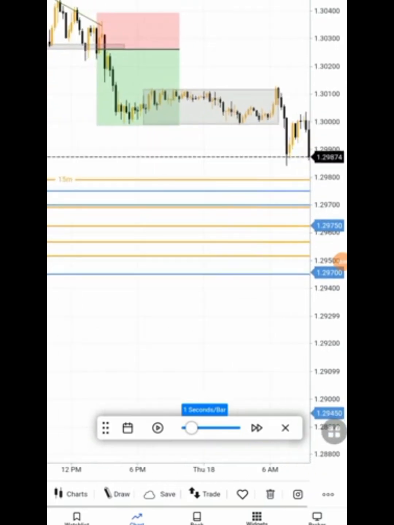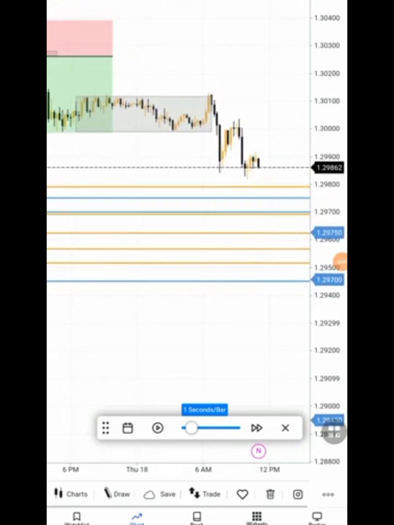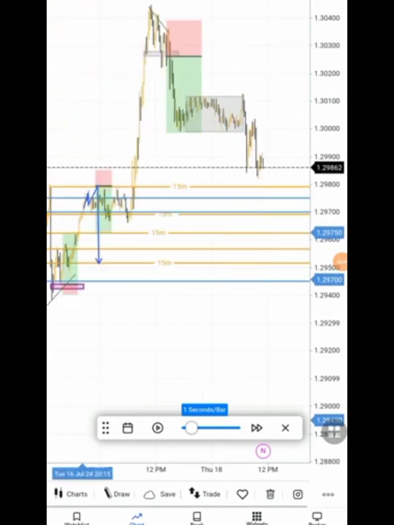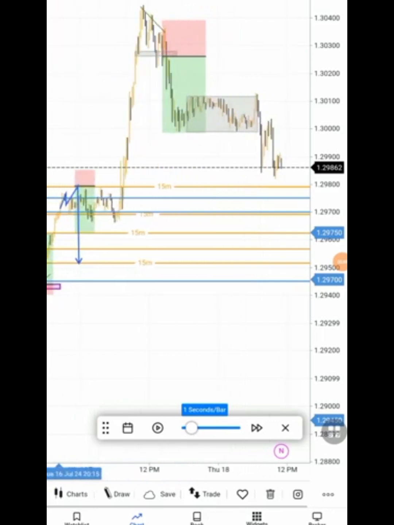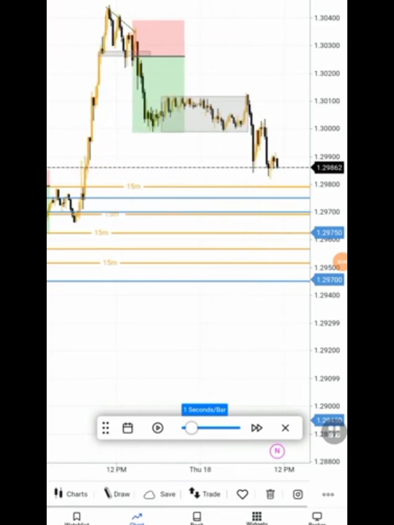Will you still be? Because anytime the market is doing this, you know that there are fundamentals coming in, either for USD or for GBP. Either the pound is about to release news, or there are fundamentals for the United States dollar.